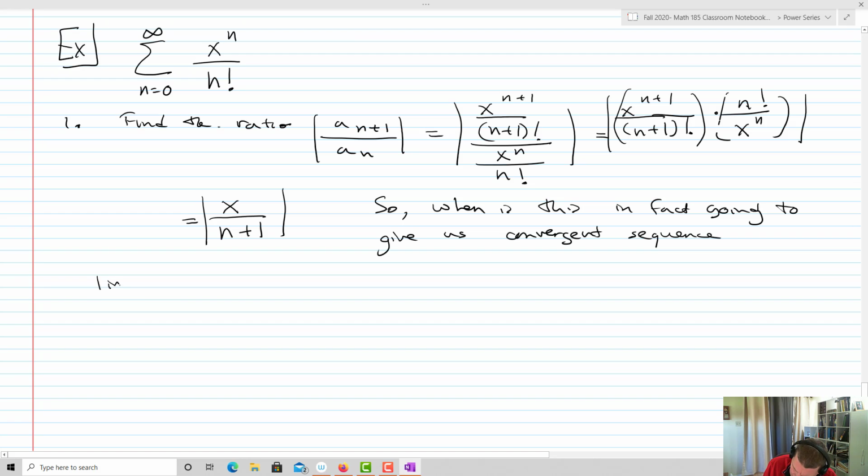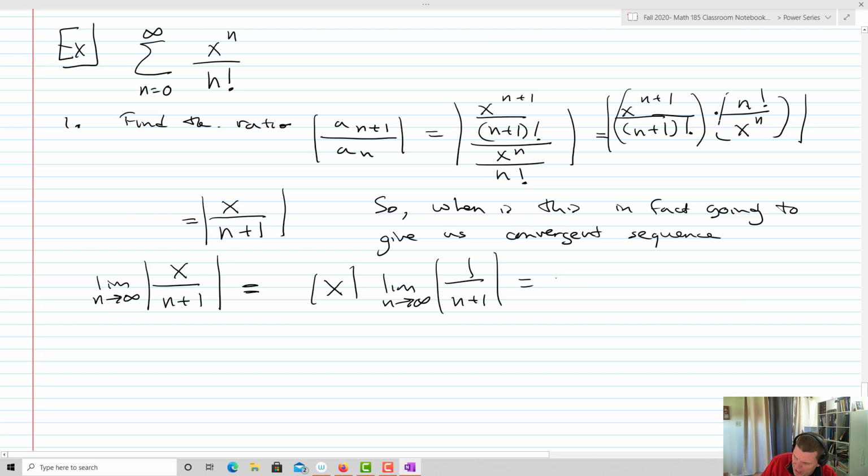So I'm going to take the limit. I want to see the limit as n approaches infinity of x over n plus 1. Okay? X over n plus 1. Now, if I think about this, this is going to end up equaling x times the absolute value of the limit as n approaches infinity of 1 over n plus 1.